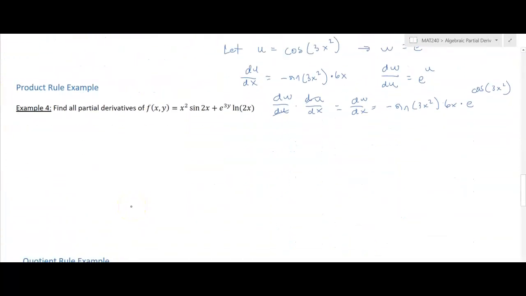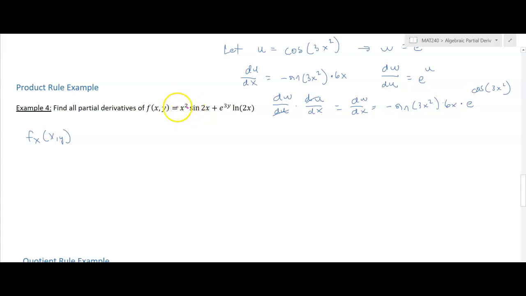All right, so we'll look at a couple more examples using the product rule and the chain rule applied to these multivariable functions. So for the partial derivative of this, we're going to grab f sub x of x comma y. To do that, we see first of all that we do have a product, and that product contains two functions of x.